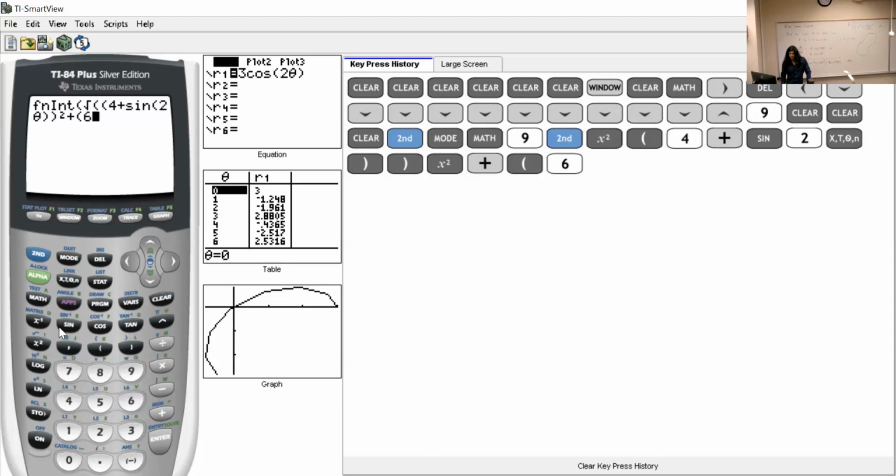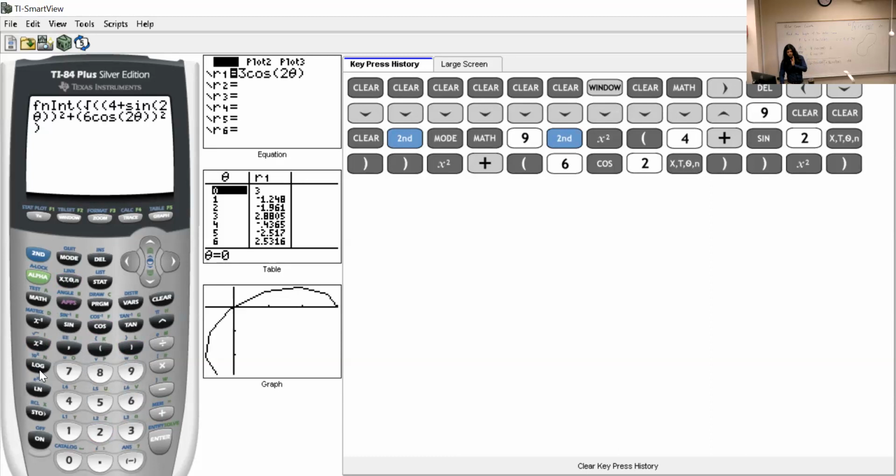So 6 cosine 2 theta, close parentheses for the cosine term, close parentheses entirely for dr over d theta squared, close parentheses for the root.